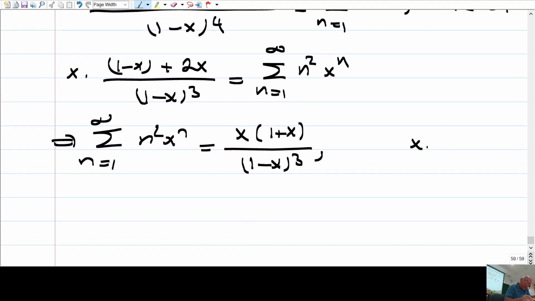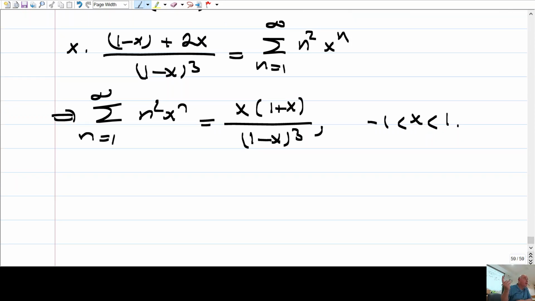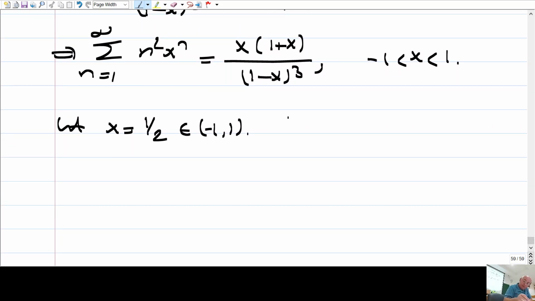And this is true for x between minus 1 and 1. So I can just plug in x equals 1 over 2. Let x equals 1 over 2, which is in this interval. I can do this. Then I get n squared over 2 to the power n from 1 to infinity, right? When you plug in x equals 1 over 2, you get this.